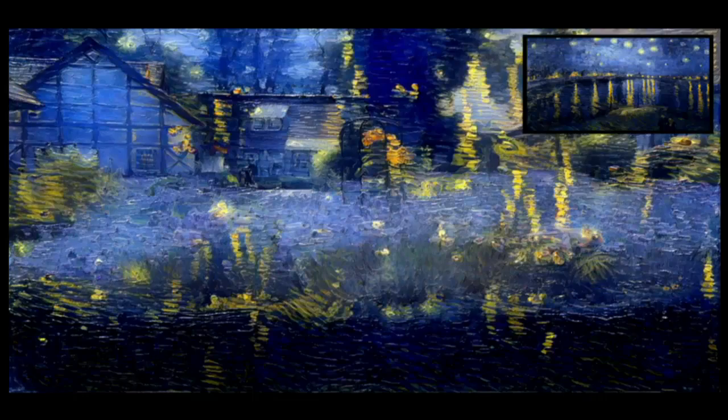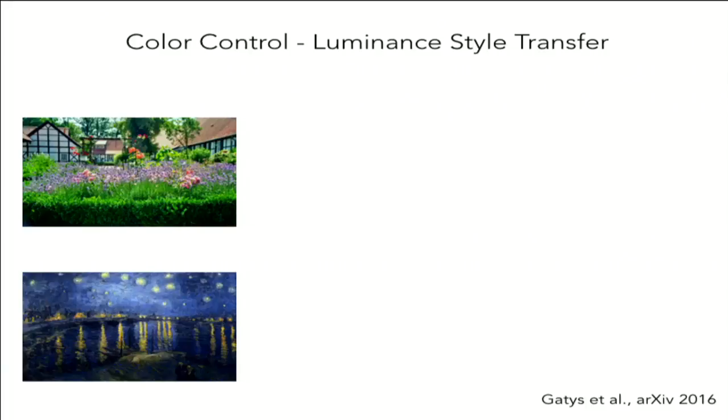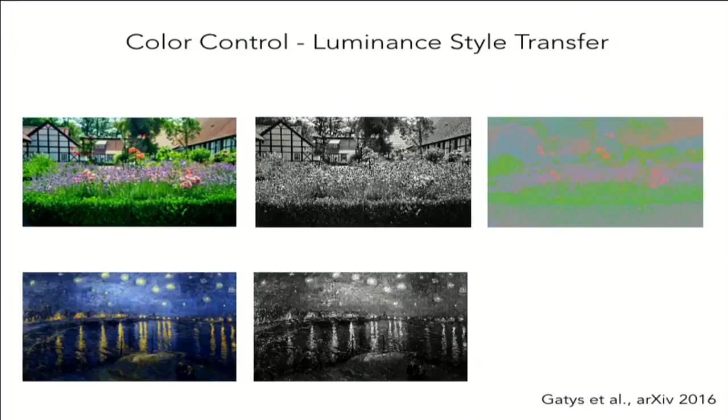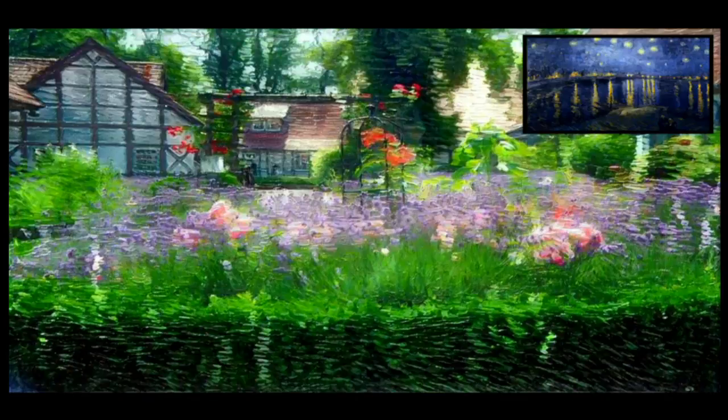So the first thing we did is simply do the same thing I described for image analogies, which is separate the photograph into its color and luminance channels, do Leon's neural stylization on the luminance domain to produce a texture, and then recombine, and we get this. So here we get the texture of the Van Gogh and the colors of the original.